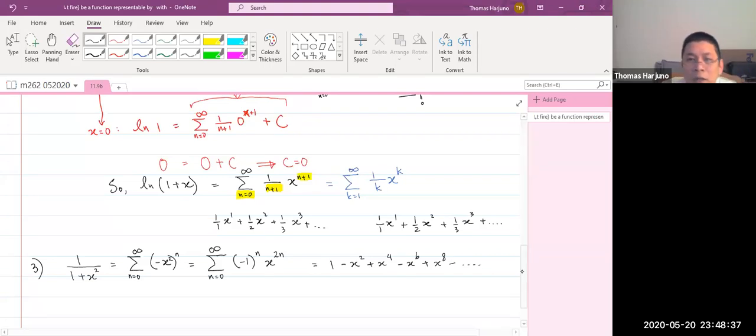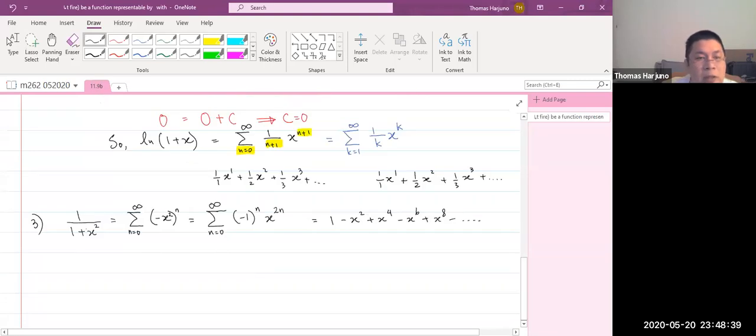The thing is then, notice that tangent inverse x is actually the integral of this, 1 over 1 plus x squared dx. Right?